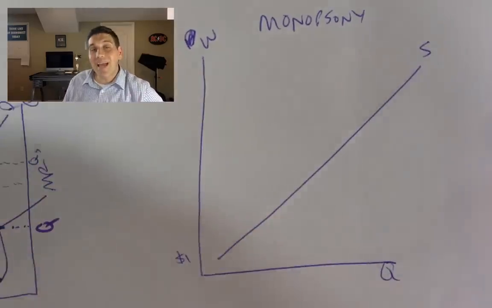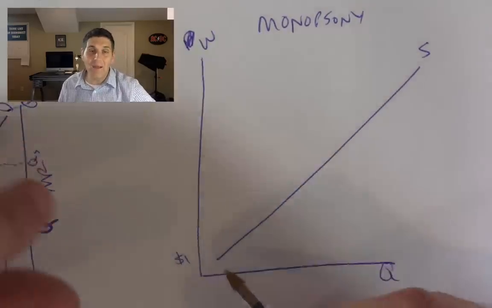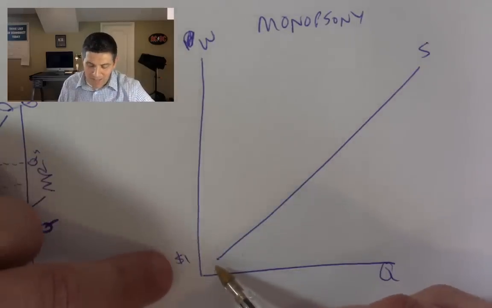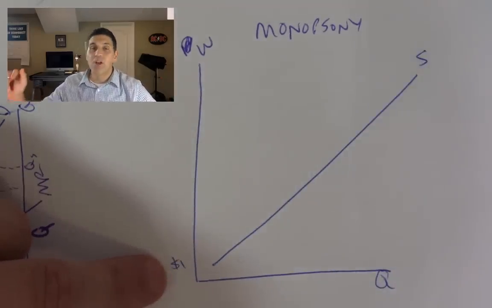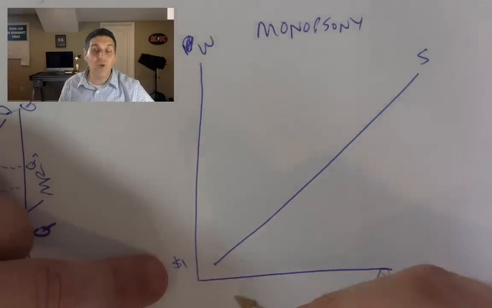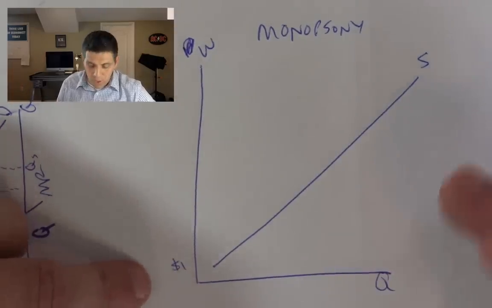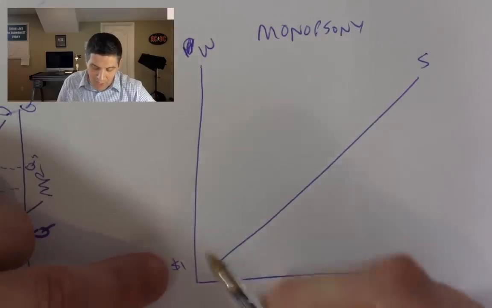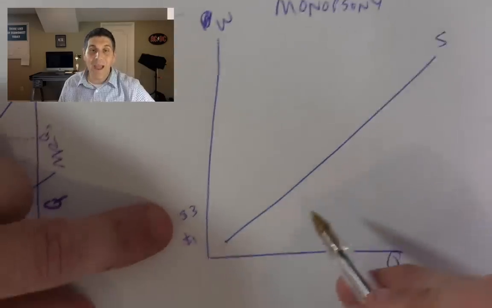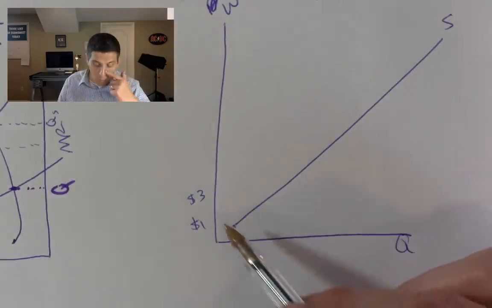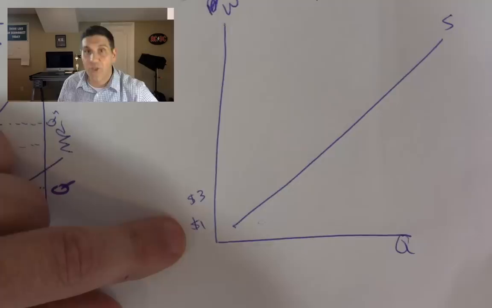Now, if I'm the monopsony, I can't pay the first worker $1 and the second worker $2 and the third worker $10. I have to increase the wage for all of them. So if I have to increase the wage up to $3 for this next worker, I have to pay him $3, and the other worker who'd be willing to work for $1, $3 too.